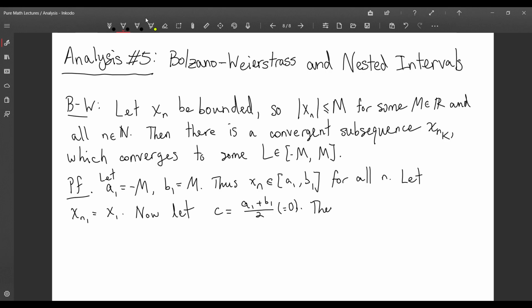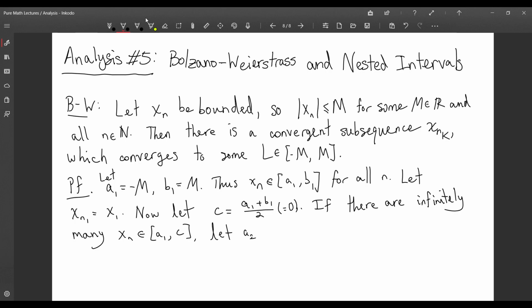Then, if there are infinitely many x sub n in the interval a1 to c, let a2 equal a1 and b sub 2 equal c, right?